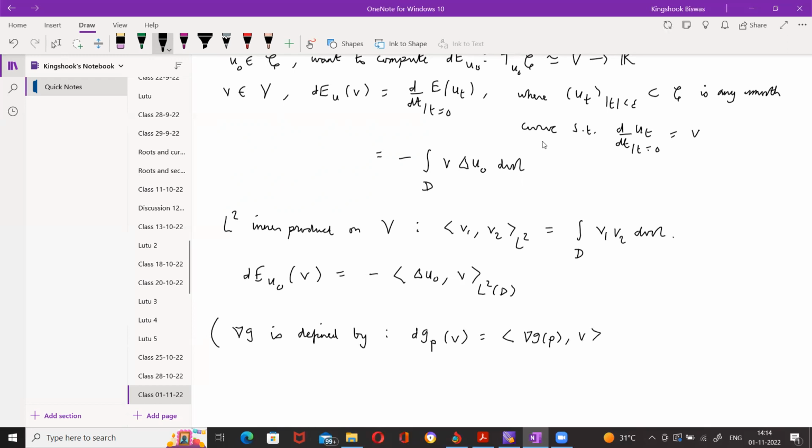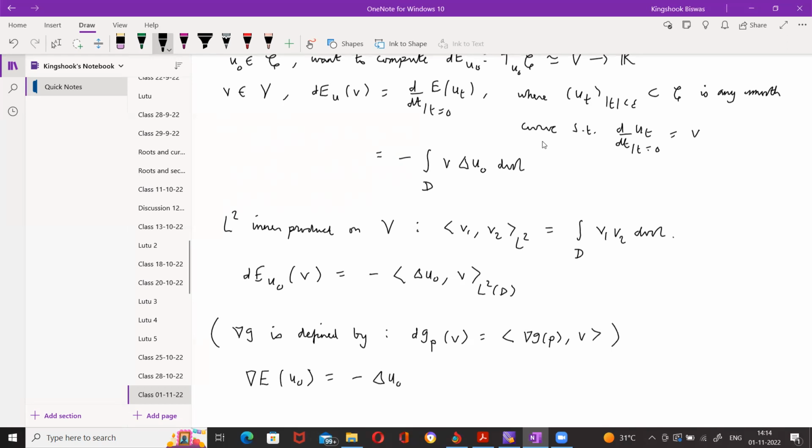This dg is a linear functional, and on an inner product space in finite dimensions, it's just given by inner product with a vector. So that vector is defined to be the gradient vector. So in this case, we're seeing this is inner product with minus the Laplacian. So in that sense, the gradient of E at the point u naught is equal to minus the Laplacian.